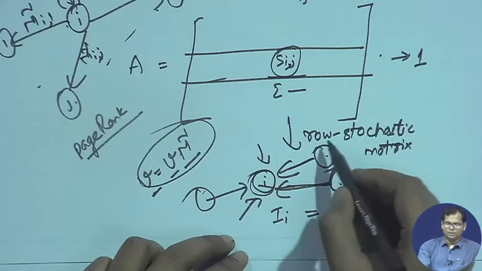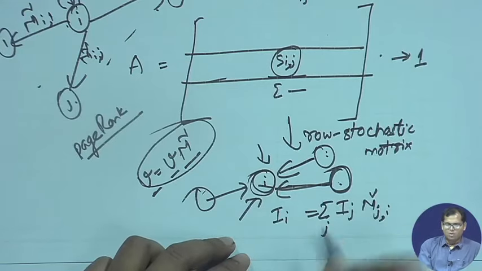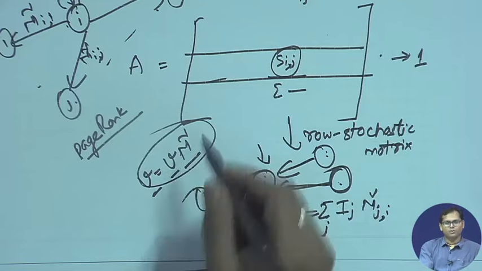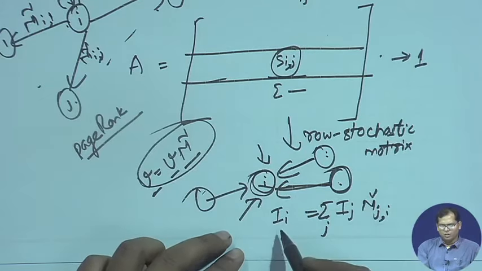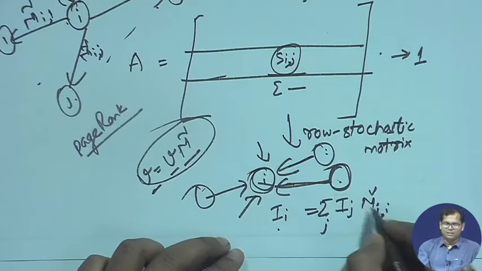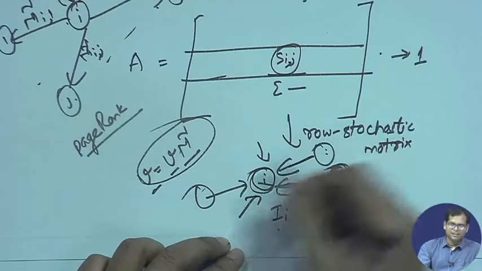I sum over all j, and you will see that this takes us to the formula v is equal to v m tilde, and that is my PageRank algorithm. The importance of a node is the importance of all other nodes that are giving an incoming link times the probability of going from that node to this node. So, how high this incoming link is.